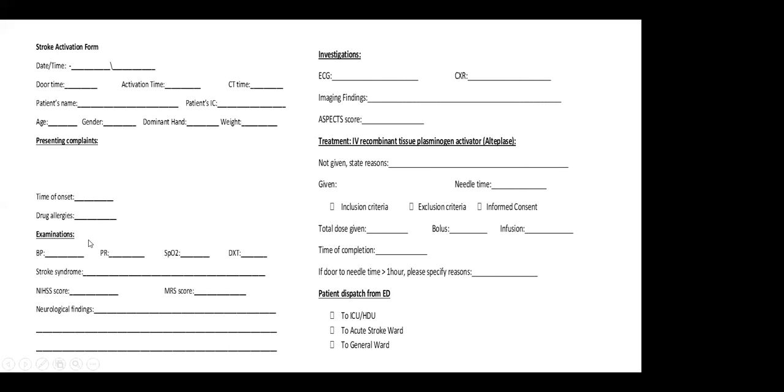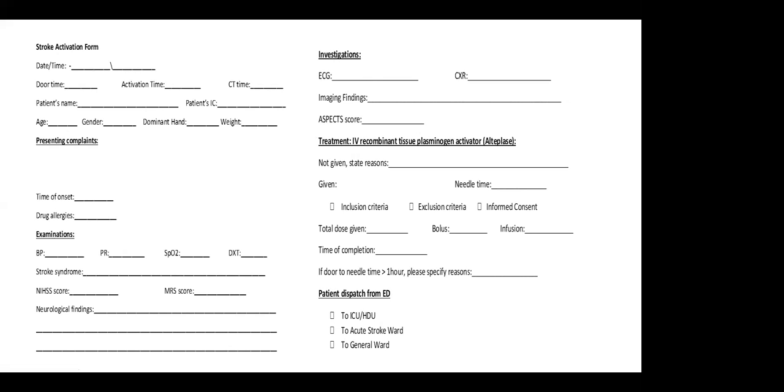The presenting complaints, the time of onset of the stroke, and any allergies need to be documented as well. Then the blood pressure, pulse rate, SpO2, DXT, the stroke syndrome, NIHSS score, modified Rankin scale score, and the neurological findings.